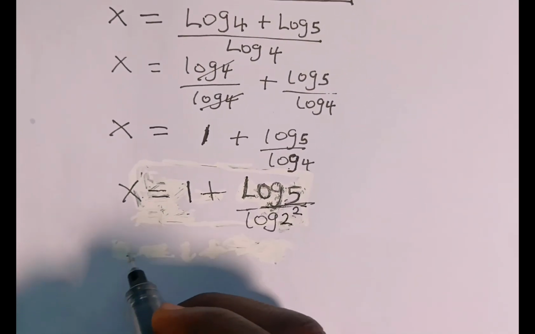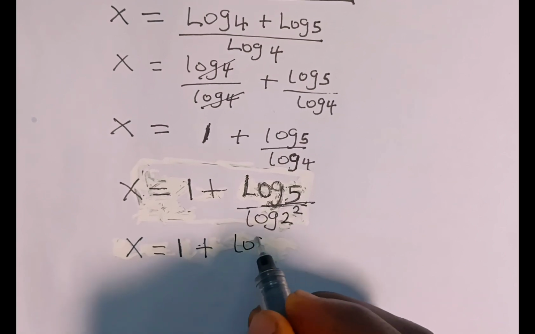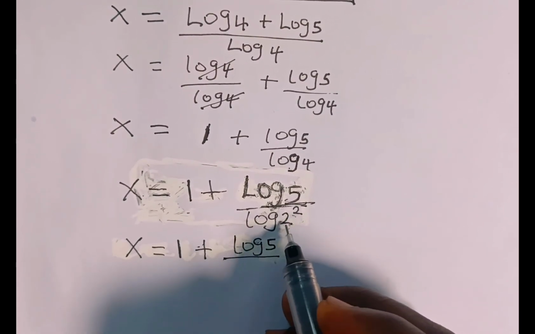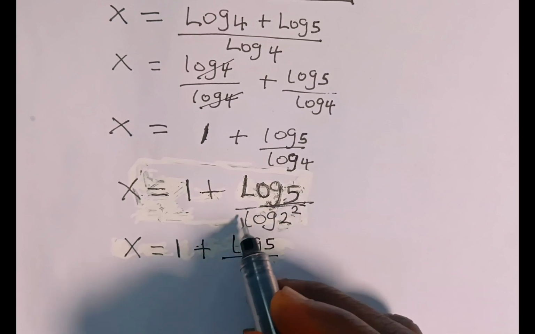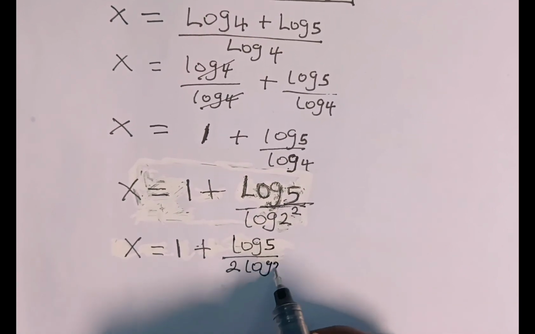Applying the power property of logarithm, this 2 is going to go back to multiply the log. We are going to have 2 log 2.